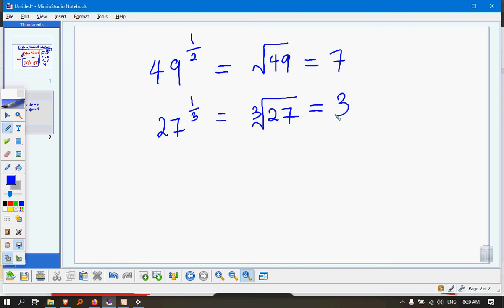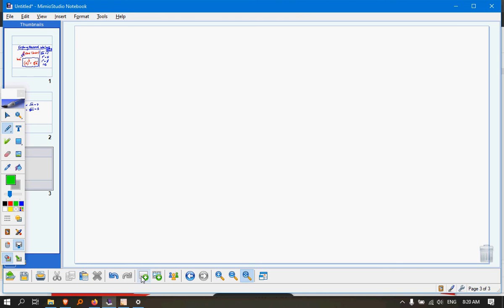Excellent. Now, the other index law, if I have a fractional power, is if I have a, where a is an integer, to the power m out of n. This is going to be the nth root of a, everything to the power m.